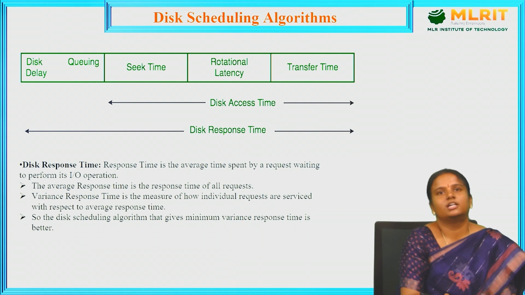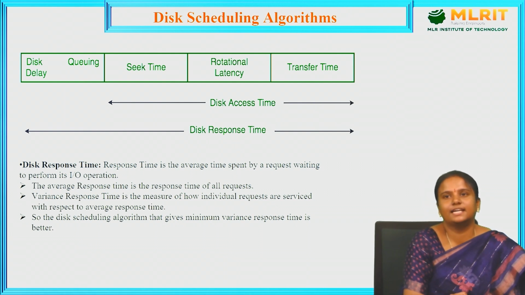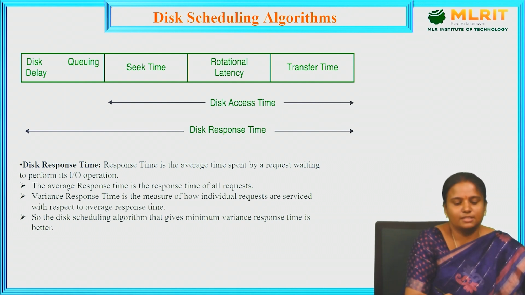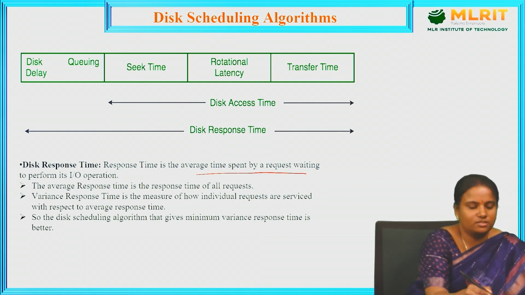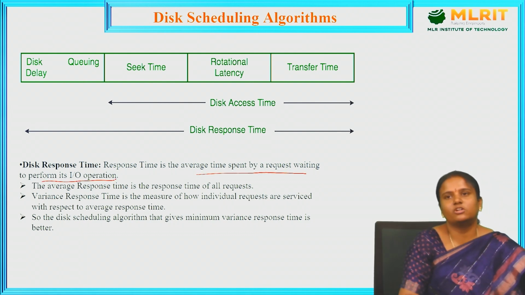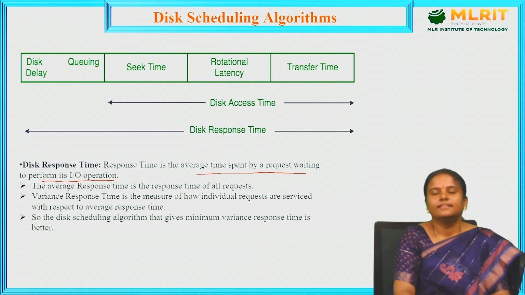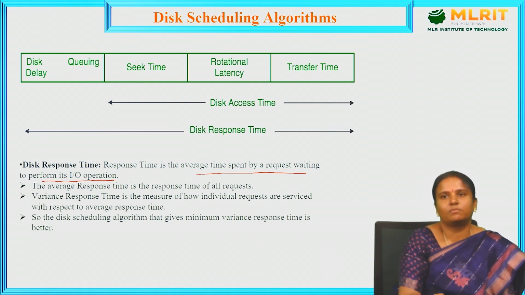So next, how are we going to get the disk response time? Response time is the average time spent by a request waiting to perform its input-output operation. Here, how are we going to get the response from the disk when the rotation or seek time is completed? At what time did you get the response from the disk arm?